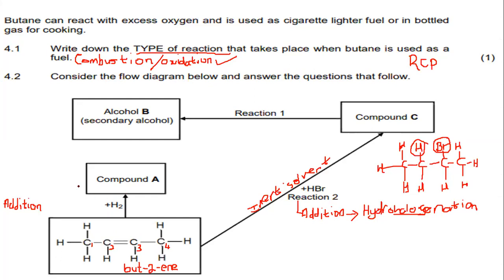In other words, when I see compound A, what I actually see is a molecule that still has 1, 2, 3, 4 carbons, but now the double bond has been broken between carbon 2 as well as carbon 3.